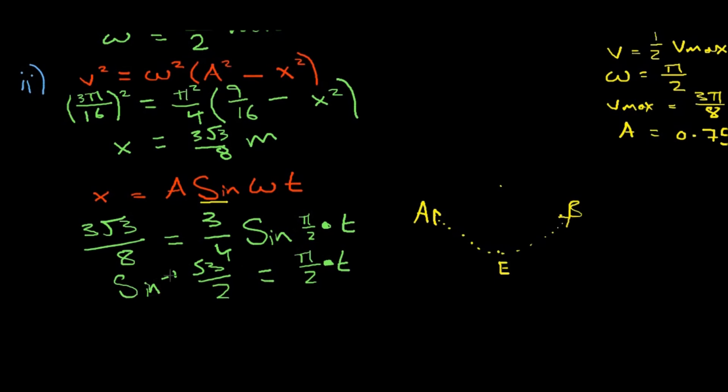And then when you type sine inverse of root 3 over 2 into your calculator, you end up getting pi over 3. Once again, you have pi over 2 over here and t. So this gives you t is equal to 2 over 3 seconds.